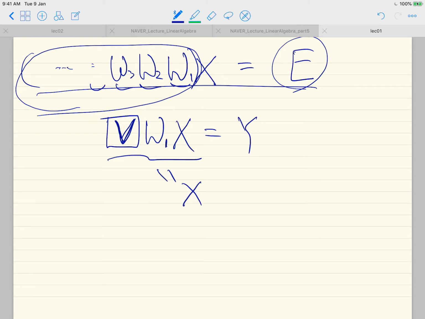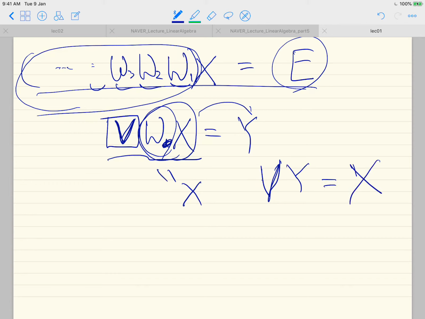Which means we changed X into Y by multiplying W, and then we further multiply this Y with the matrix V, our new matrix, and that will produce the original matrix X, okay?